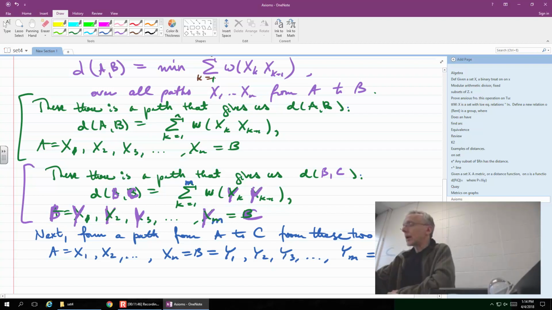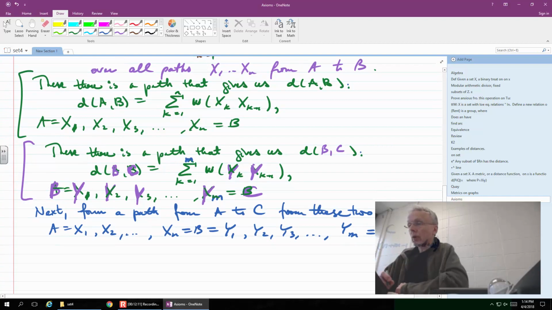It is a path from A to C. It has n plus m minus 1 vertices, I believe.